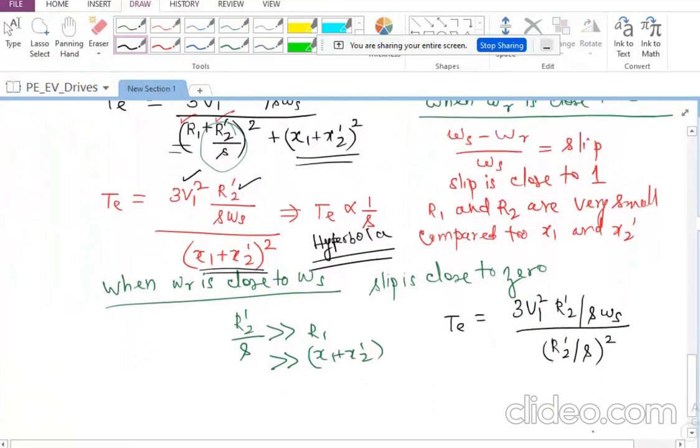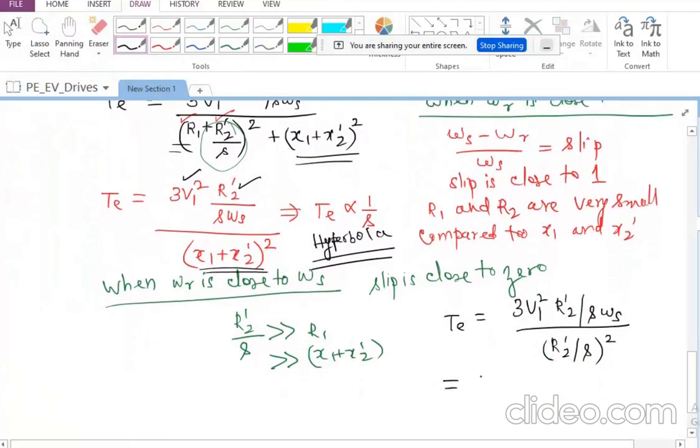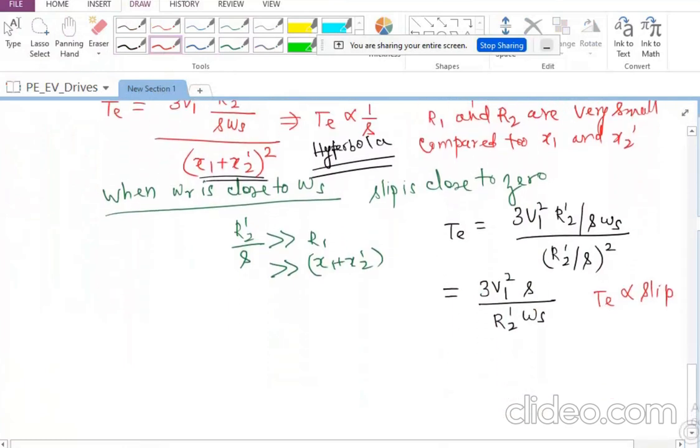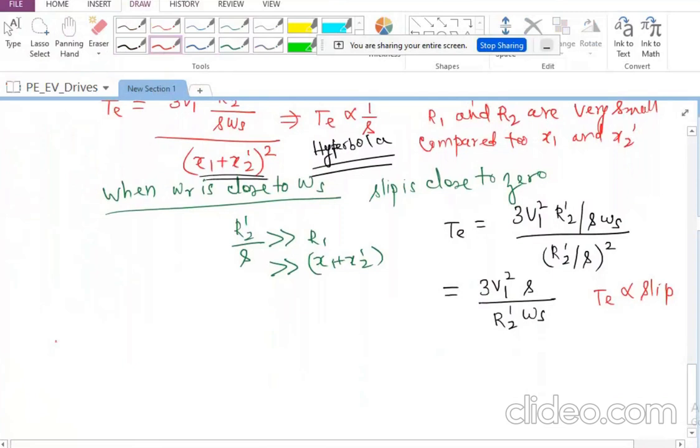So I can write this approximately as 3V1 square S divided by R2 dash omega S. So under such a condition, TE is proportional to S. So there are specifically two regions I have, when slip is small.